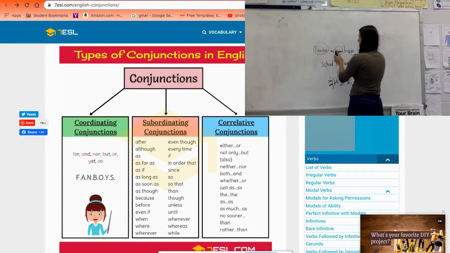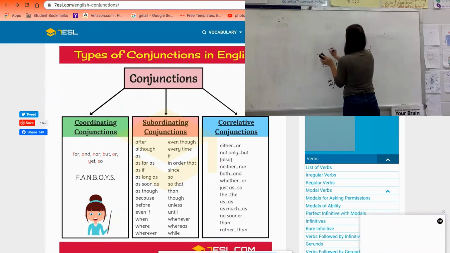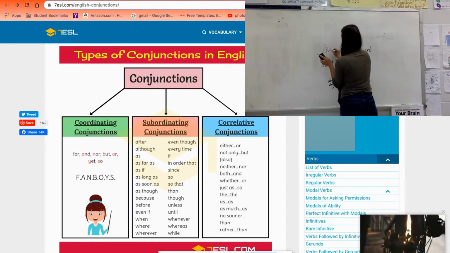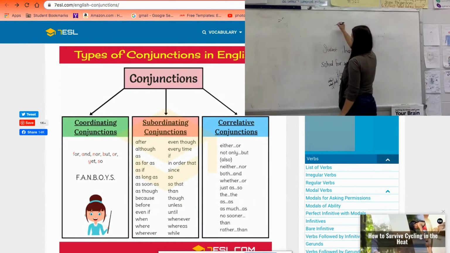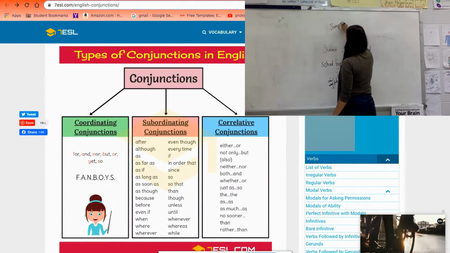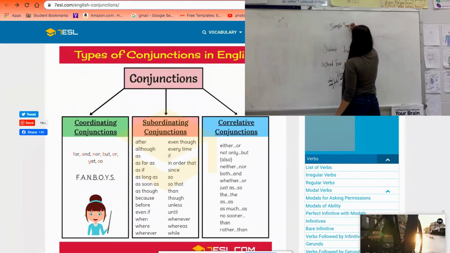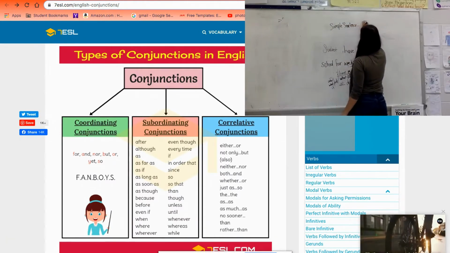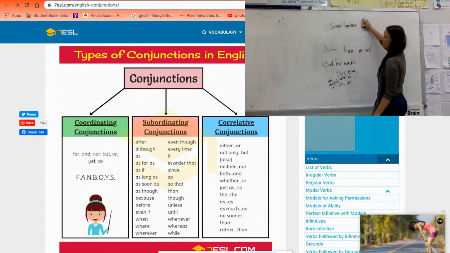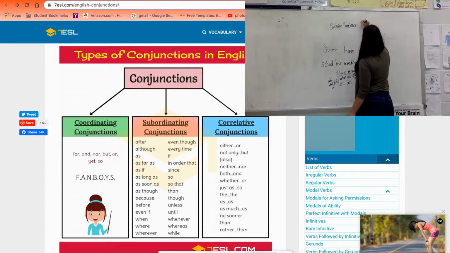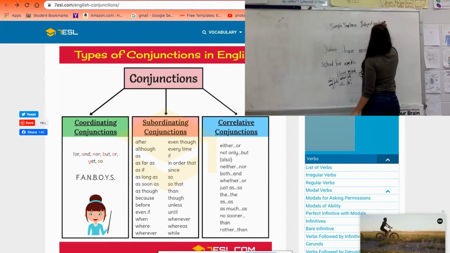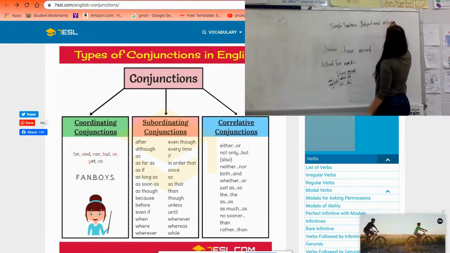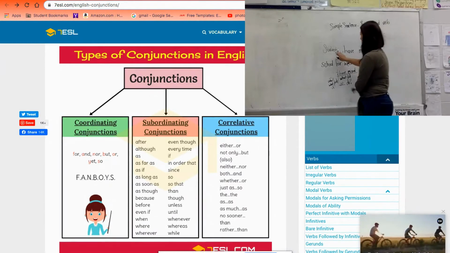So let's go back to our students. Now, that is a simple sentence. So a simple sentence, I'm not going to put one because it can be multiple subjects. So it has a subject and verb.